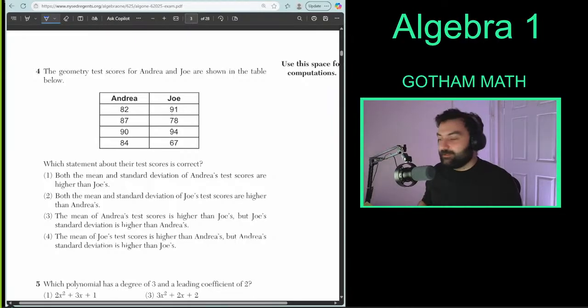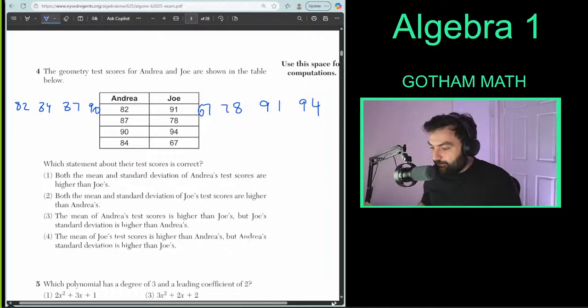I think this is the question that I won't be able to do otherwise. So Andrea's scores are 82, 84, 87, and 90, and Joe's are 67, 78, 91, 94. To calculate the mean is actually very easy. You just add the numbers and divide by how many.